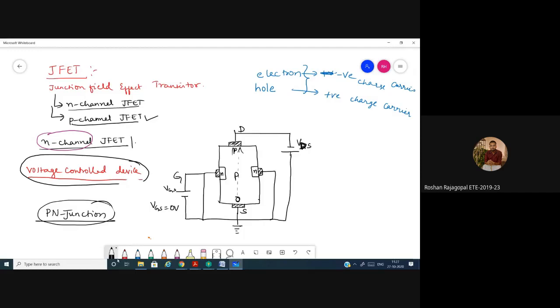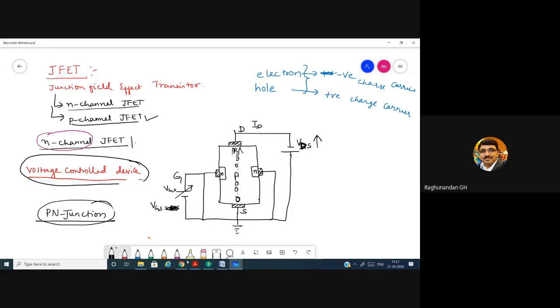The voltage VDS is applied between the drain and the source terminals, and the gate voltage is 0. So all the holes, all the charges, move towards the drain. The depletion region is between the PN junction, but since VGS is 0, there is no depletion region. Now slowly I start giving voltage here, VGS.